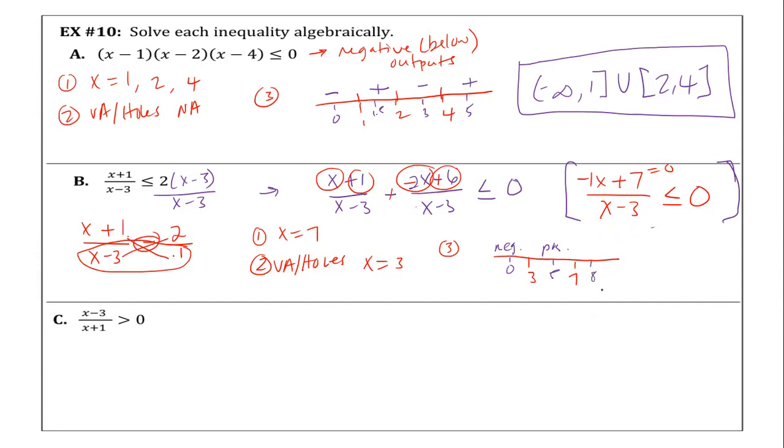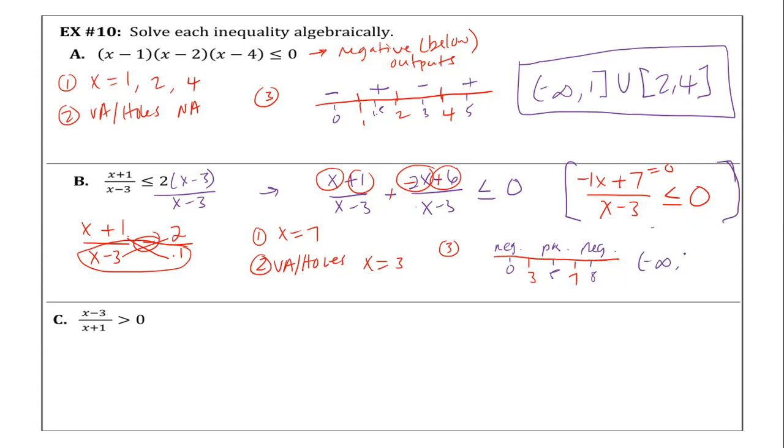It's going to do 8. What is negative 8 plus 7? Negative 1. What is 8 minus 3? 5. So I have a negative divided by a positive, which makes it a negative. So it says, when is it less than or equal to 0? There we go.